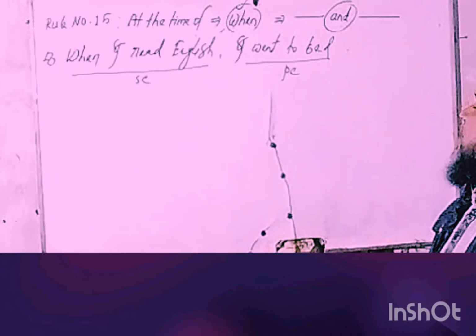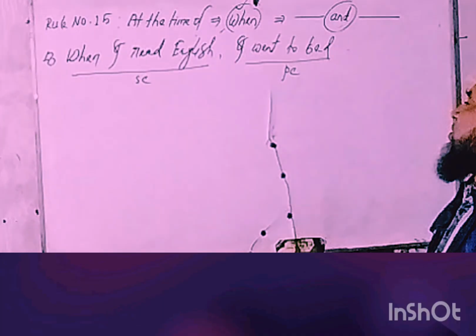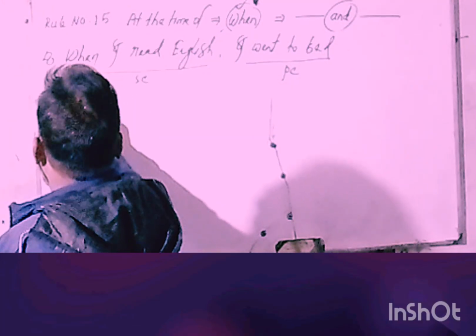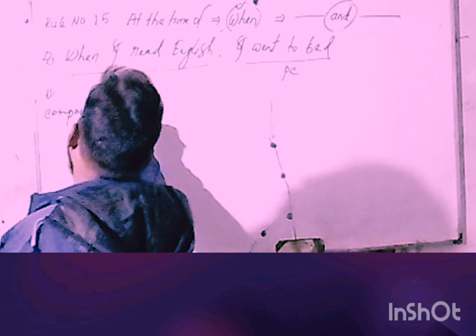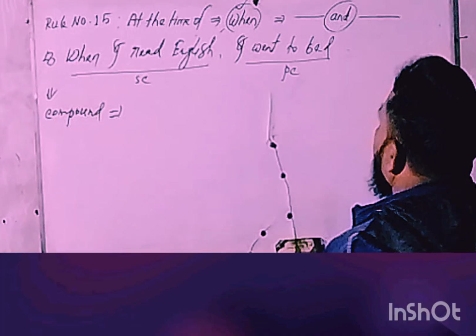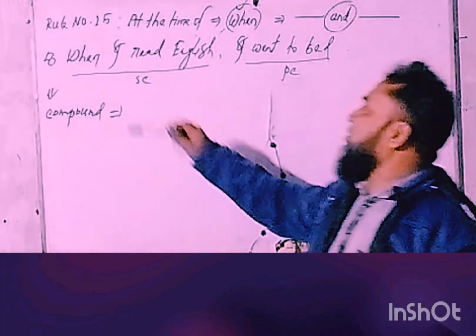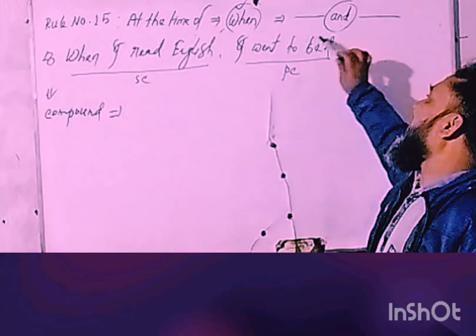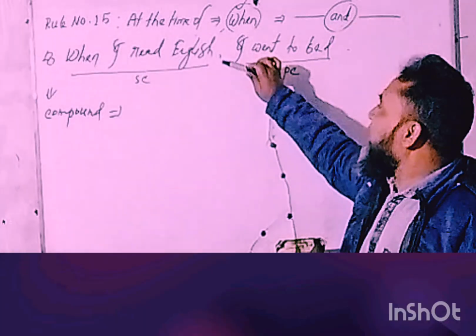And suppose you are told to change the sentence into a compound sentence. What steps should you take in this case, my dear learners? You have to remember that it's very easy. In this case, you'll have to delete the subordinate conjunction "when" and use a coordinate conjunction "and" in the middle of the statement.